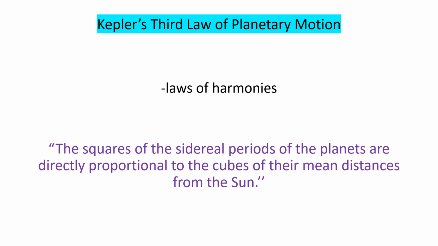Now, let us move on to Kepler's third law of planetary motion, which is sometimes referred to as the law of harmonies. It states that the squares of the sidereal periods of the planets are directly proportional to the cubes of their mean distances from the Sun.